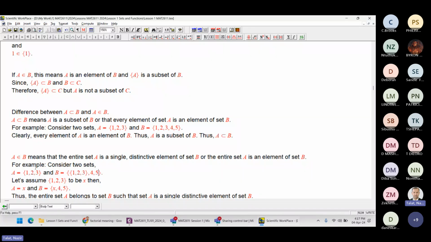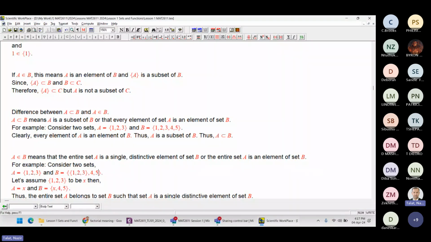Now let us assume that {1, 2, 3} is x, so x is equal to {1, 2, 3}, because this shows as an element. Now if A equals x, then B is equal to {x, 4, 5}.